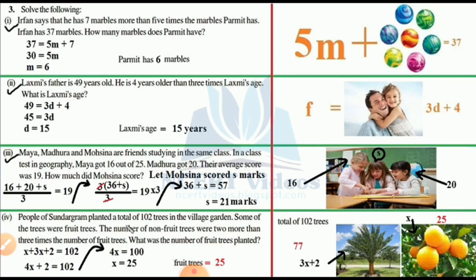Fourth one. Sundargram planted a total of 102 trees in the village garden. Some of the trees were fruit trees. The number of non-fruit trees was 2 more than 3 times the number of fruit trees. What was the number of fruit trees planted?